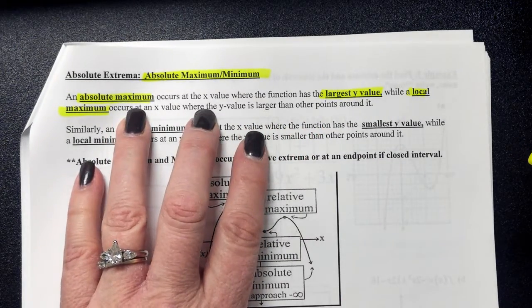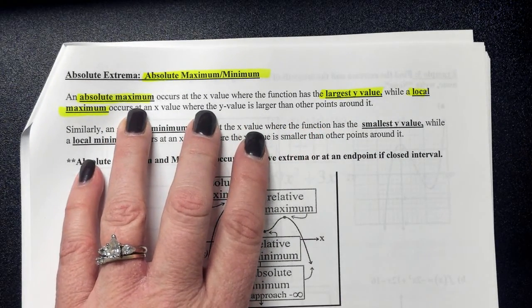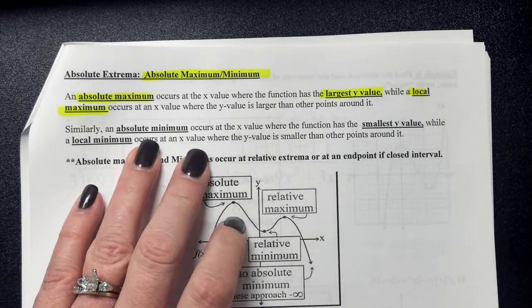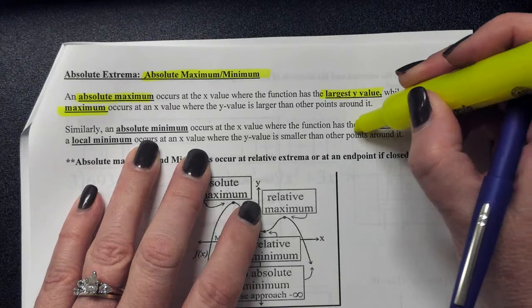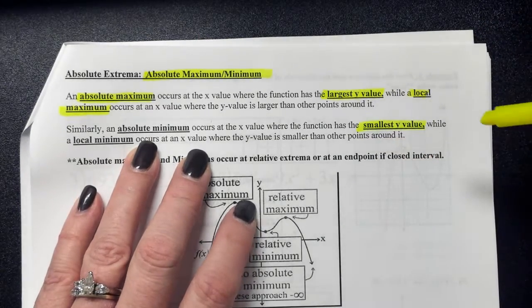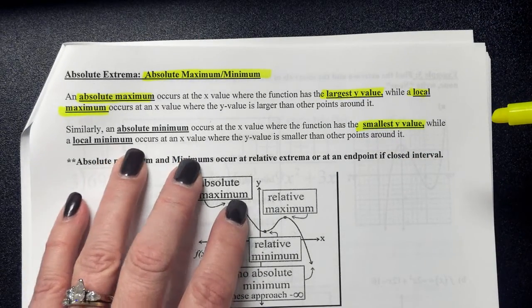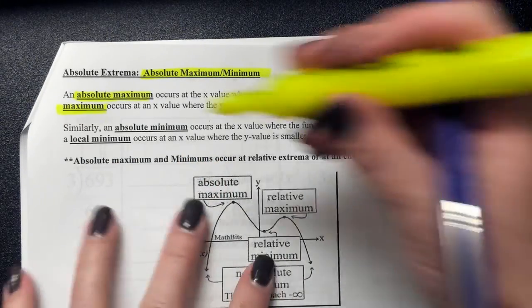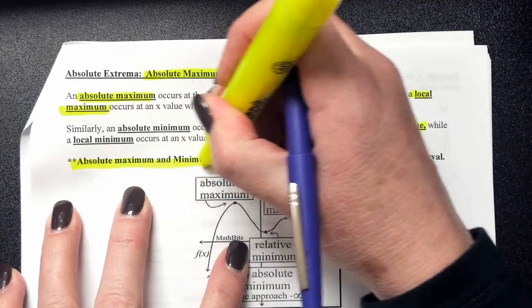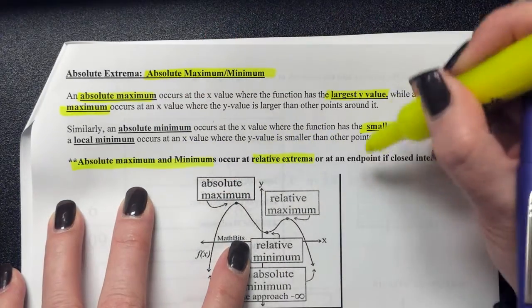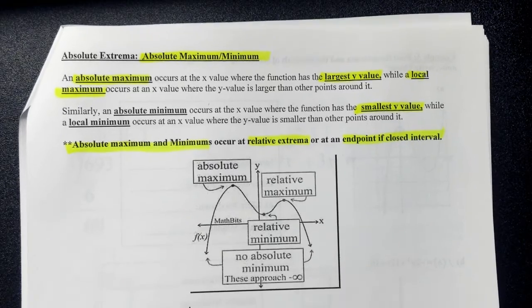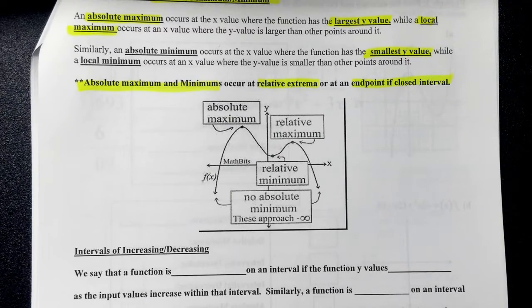So in other words, to be an absolute maximum, that's got to be the absolute highest point on the graph. Absolute minimum is occurring at a point on the function where it's the smallest Y value. Again, a local minimum occurs at an X value where the Y value is smaller than other points around it. An absolute maximum or minimum can occur at a relative extrema, or it can occur at an endpoint if it's a closed interval, if you're not dealing with a domain of all real numbers.